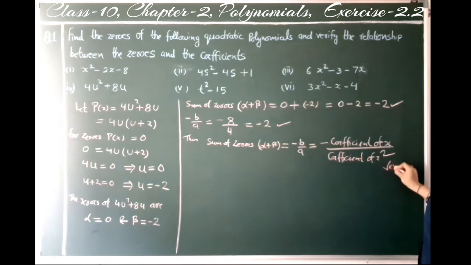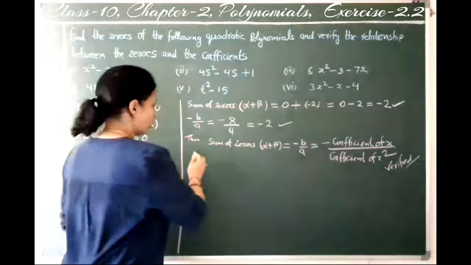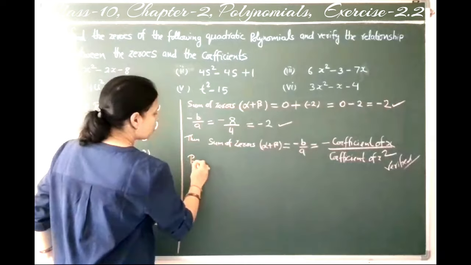So this is verified. First one is verified. Now we have to find the product of zeros. So write here product of zeros.